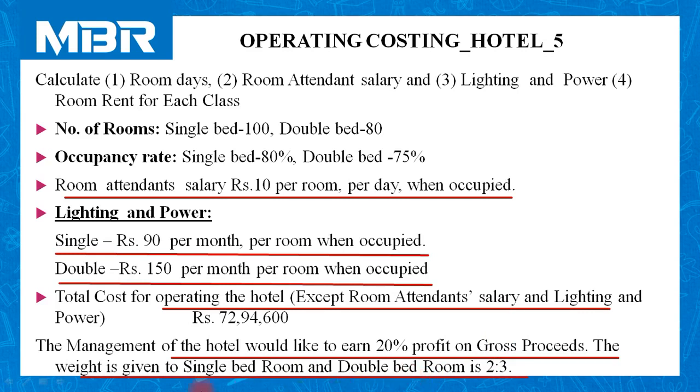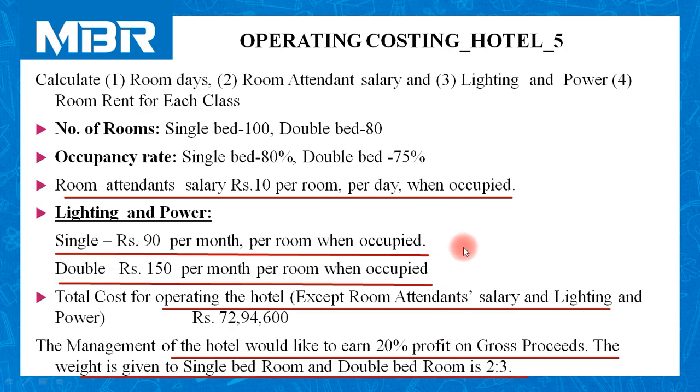I think all of you have recalled theater costing, in which weightage was given to the different classes for the calculation of rate of tickets. Same as theater, we have been given weights for different categories or classes of rooms, and we need to calculate room rent for each class using the given weightage.